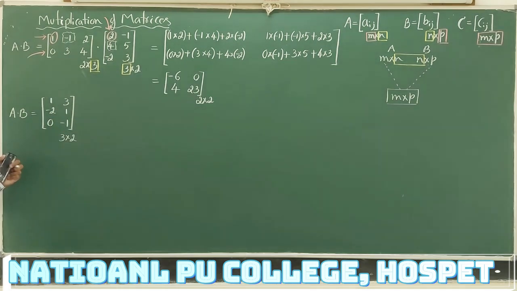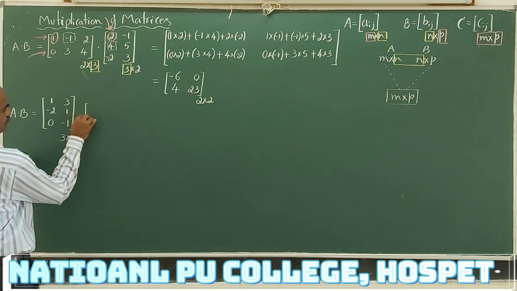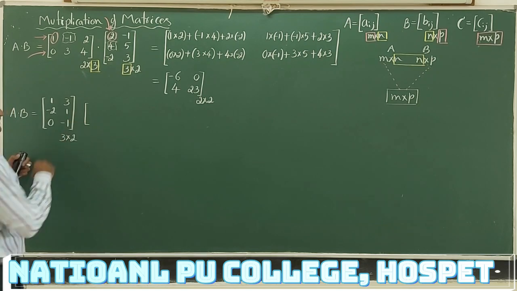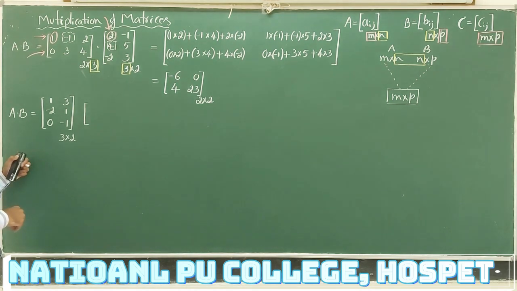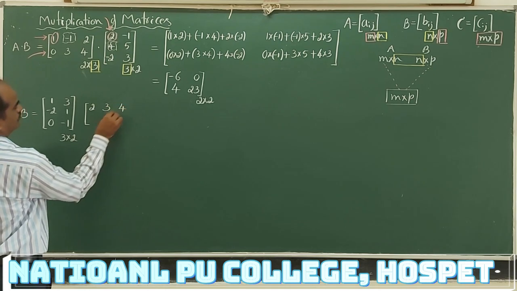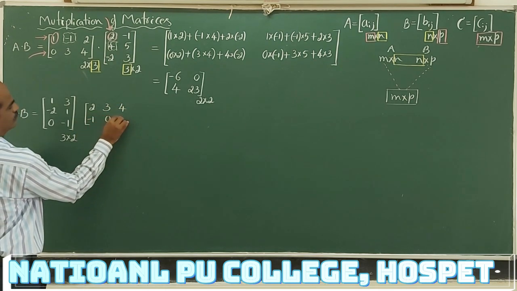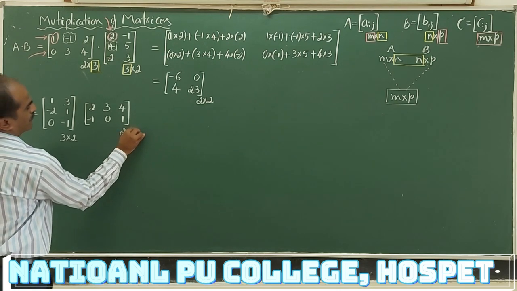Here I took a 3 by 2 matrix. What must be the order of the second matrix? It should contain 2 rows exactly, then only multiplication is defined. It is a 2 by 3 matrix.